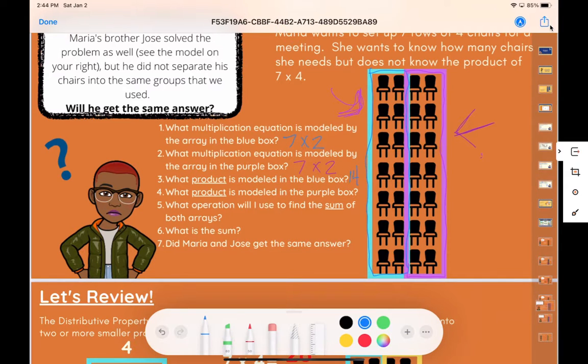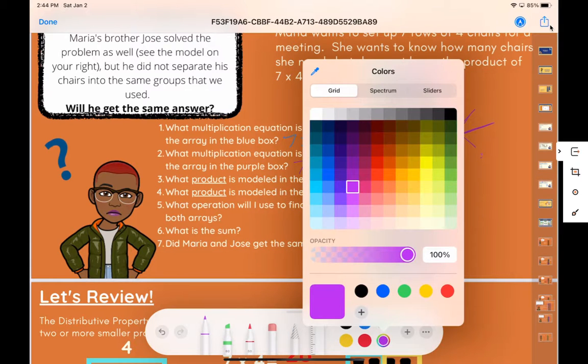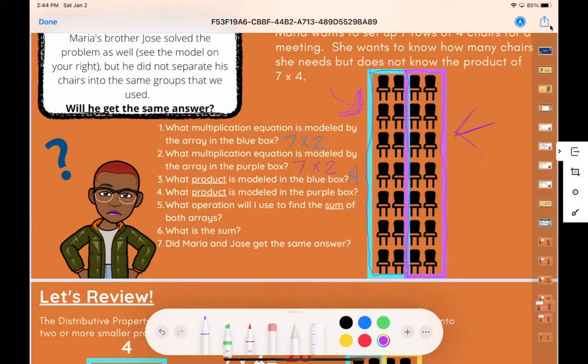You could have used skip counting, or you could have counted the chairs. Well, that makes the next question very easy, guys. What product is modeled in the purple box? That's right. In the purple box, we also have 7 times 2, so it's also 14.